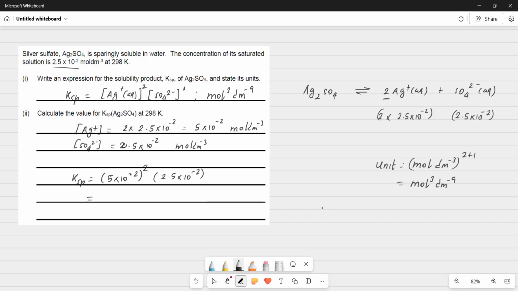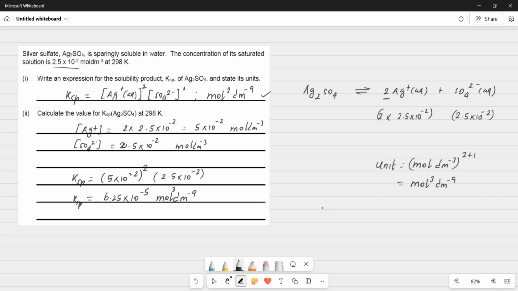So you have 6.25 into 10 to the power negative 5 moles per decimeter cube, mole to the power 3 decimeter to the power negative 9. That is the unit of KSP. So KSP here is equal to 6.25 into 10 to the power negative 5 mole to the power 3 dm to the power negative 9.